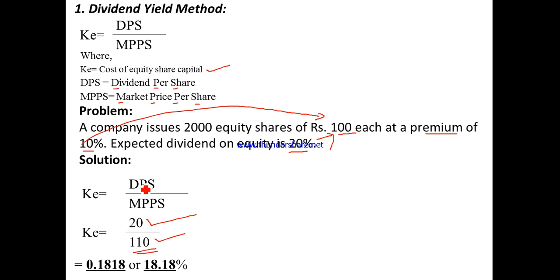So DPS divided by MPPS equals 20 rupees divided by 110, which equals 0.1818. If you multiply it by 100, we get the percentage, that is, the cost of equity in this case is 18.18%.